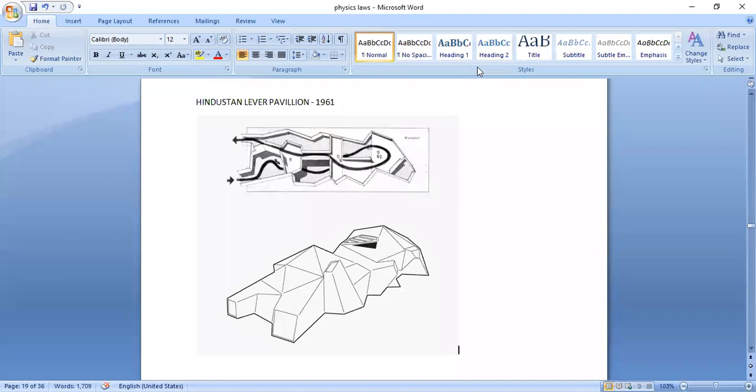This is Hindustan Lever Pavilion. I'll show you the real picture.